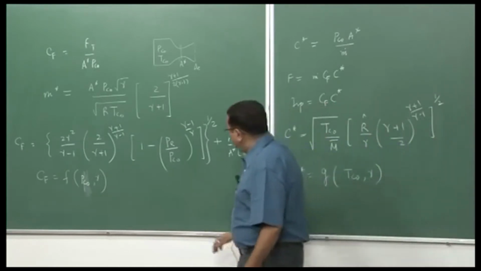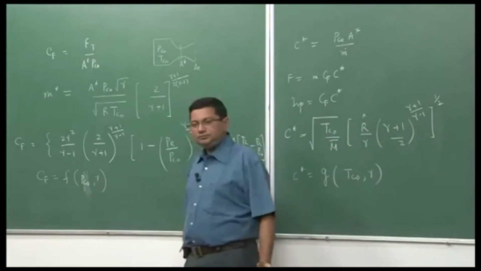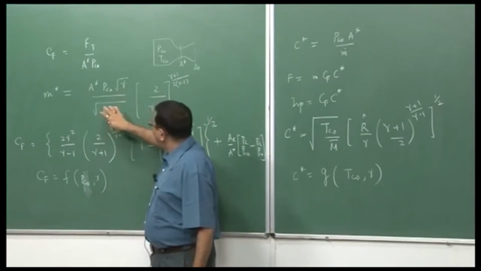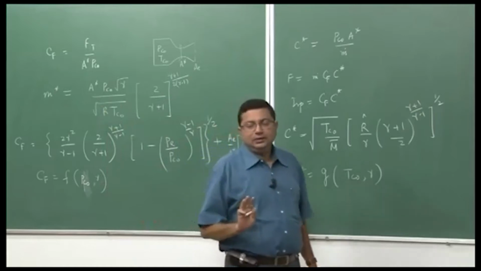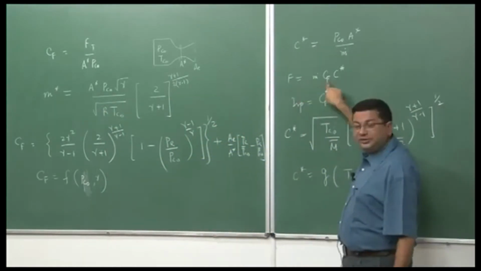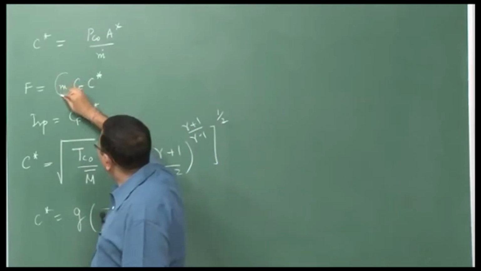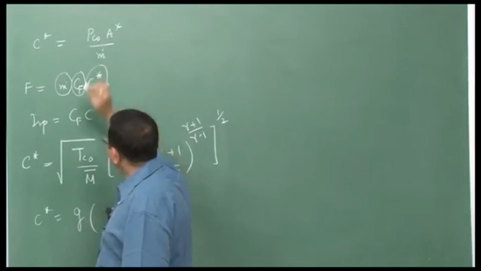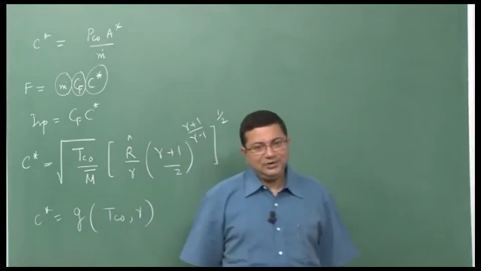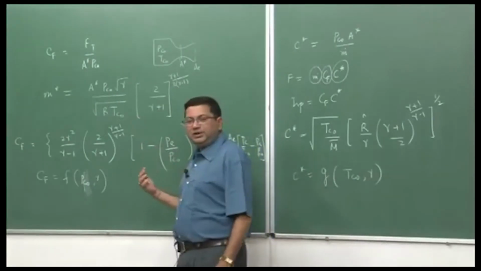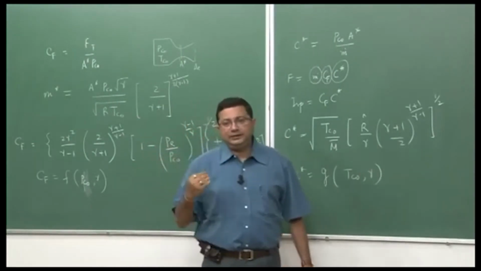Now, coming to this expression, first of all we can increase thrust in three ways, looking from this equation. Either we increase the mass flow rate, or we increase the Cf, or we increase the C star. Let us say we want to increase the mass flow rate, and the parameters that we have are P C naught and T C naught.